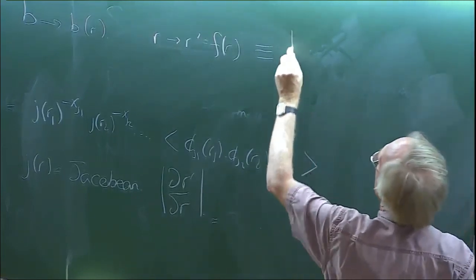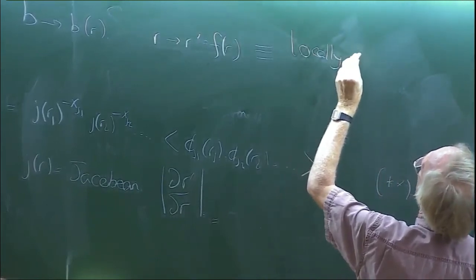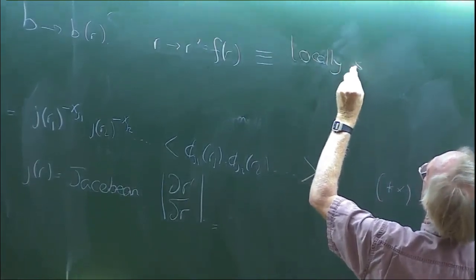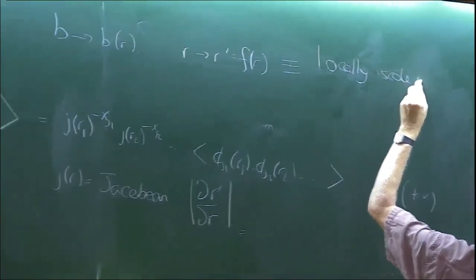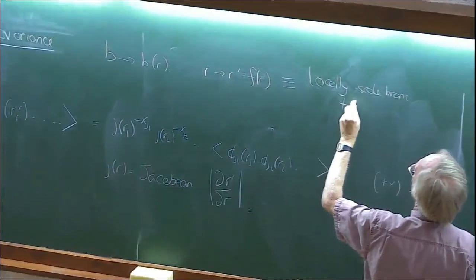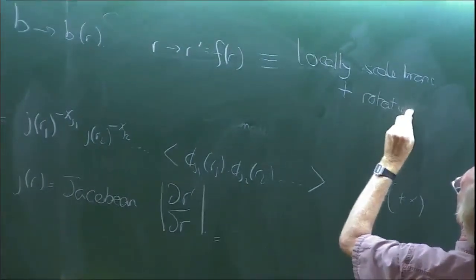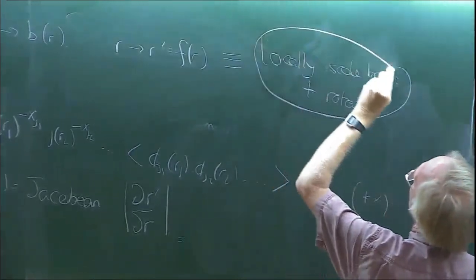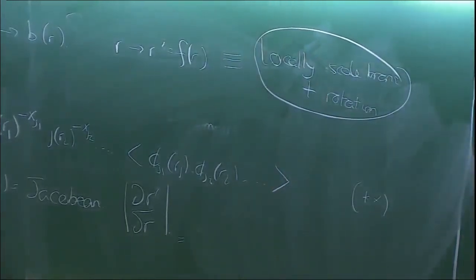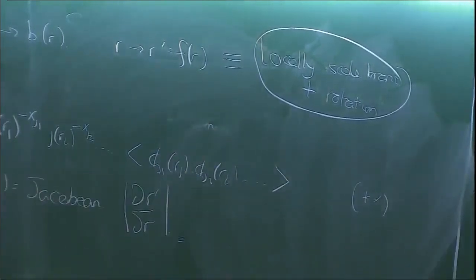So it is locally a scale transformation plus a local rotation. So that doesn't include all possible coordinate transformations, as we will see.